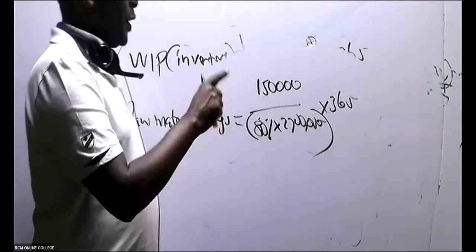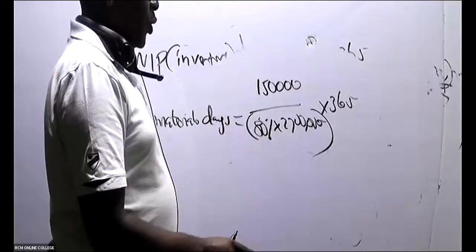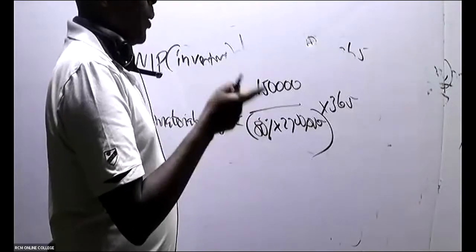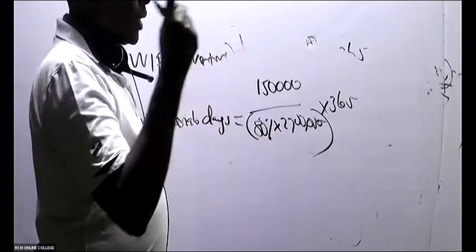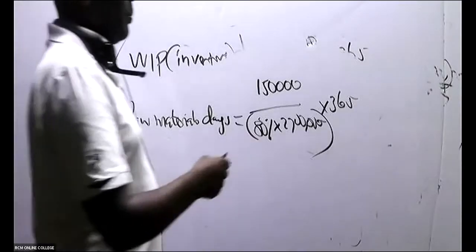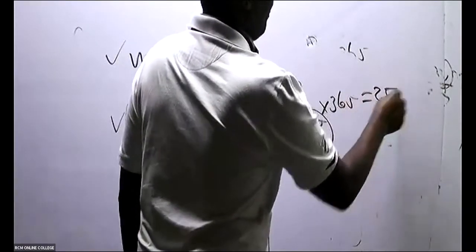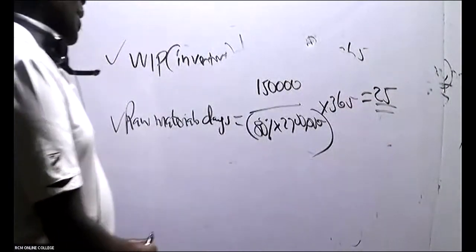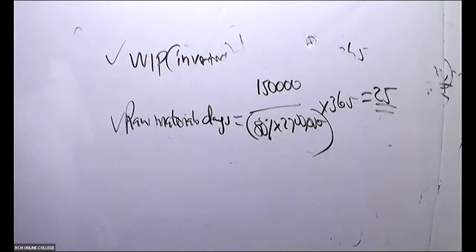When you divide this in your calculators, you will say 150,000 divided by open brackets, 0.8 times 2.7 million, close brackets, times 365, and then you give me your answer as a whole number. Most of them are giving me 25, which is really, really good.